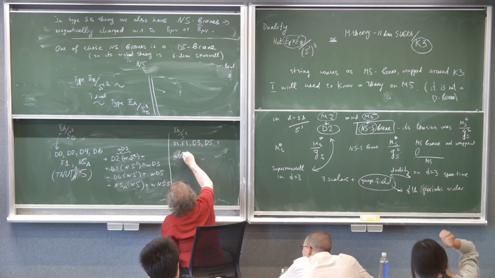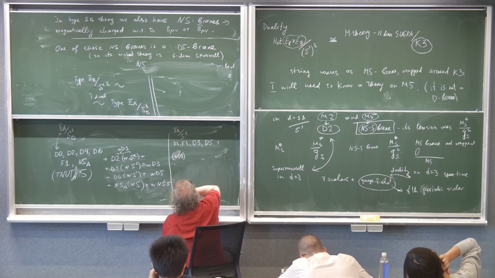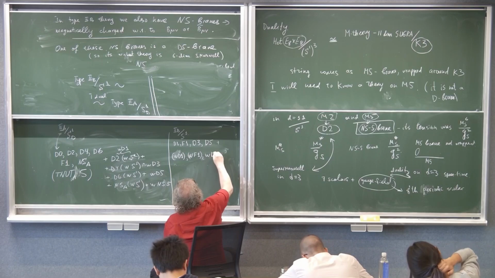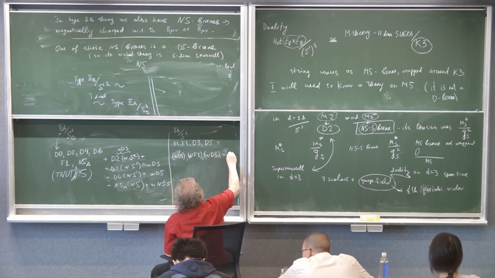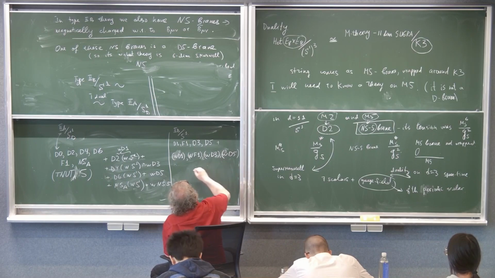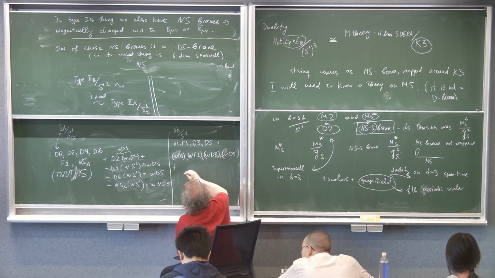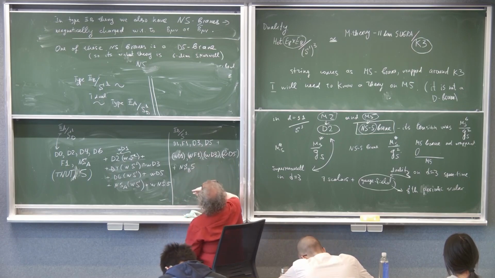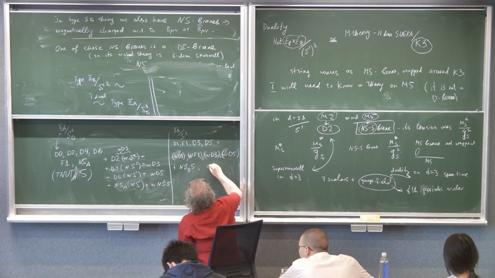Wrapped D1, wrapped F1, wrapped D3, wrapped D5. Plus, I'll have here NS of type B. So before I had this NS of type B, and I'll also have wrapped NS of type B.